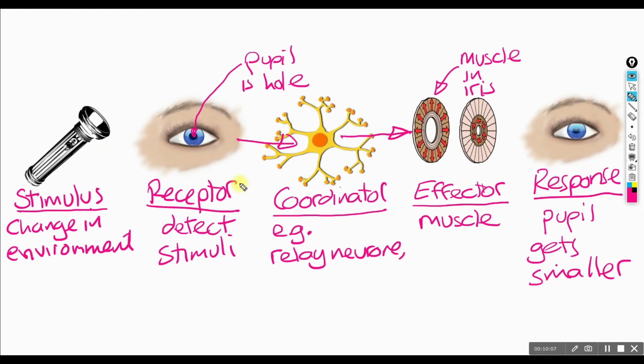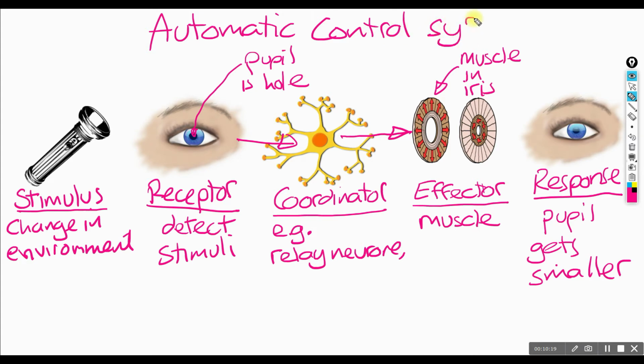So this whole thing is known as an automatic control system. It's the way we carry out homeostasis. This is an example of homeostasis because a really bright light has been shined into the eye. It's been detected by the receptor. I don't want too much light in the eye.